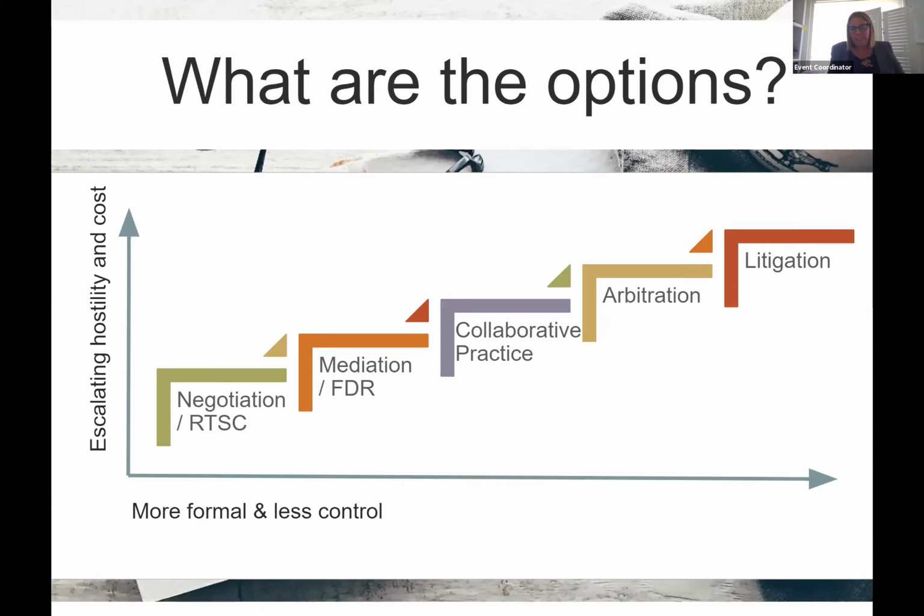The next step, arbitration. Arbitration is similar to litigation, and it's becoming more common in family law property matters where parties appoint somebody like me, an independent, but that person can actually impose a decision, or what's called an award, on the parties in a financial matter. So it's similar to a hearing.